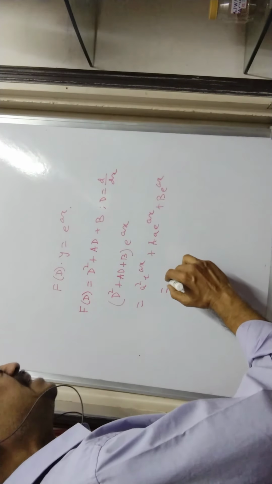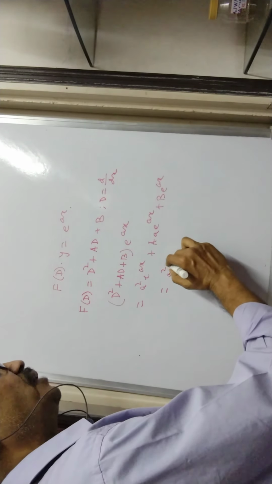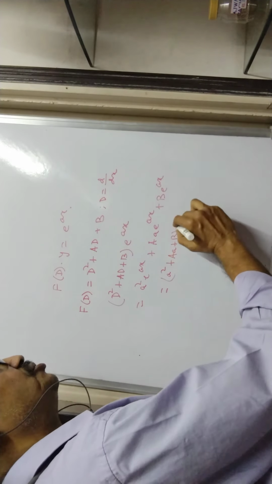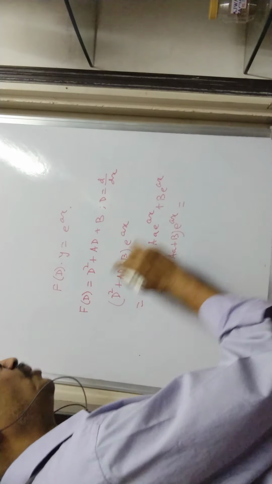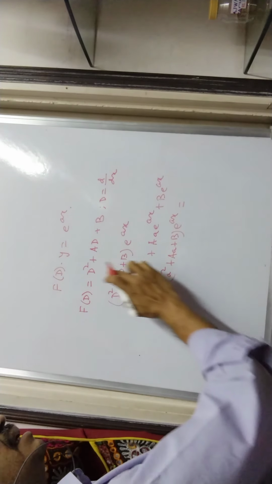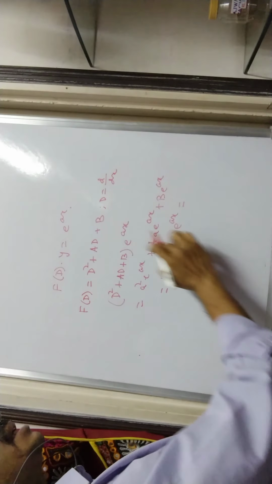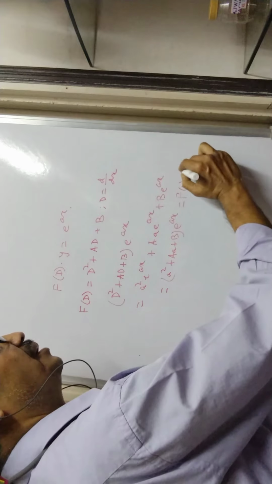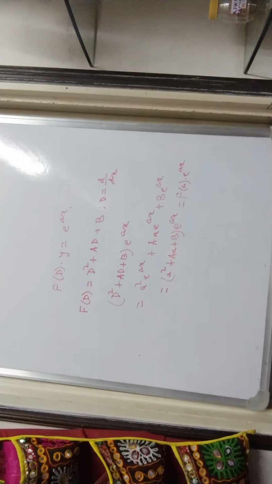So this can be written as a square plus a·a plus b into e to the power ax. Now what is f(a)? So we replace D with a here: a square plus a into a plus b. So this is nothing but f(a) into e to the power ax. Isn't it so?